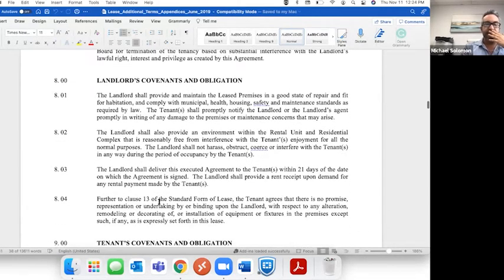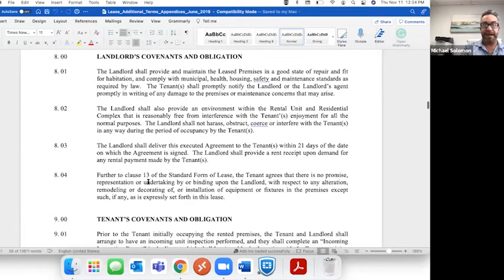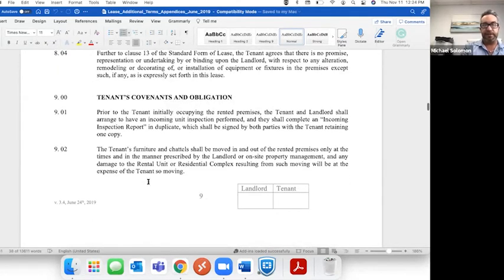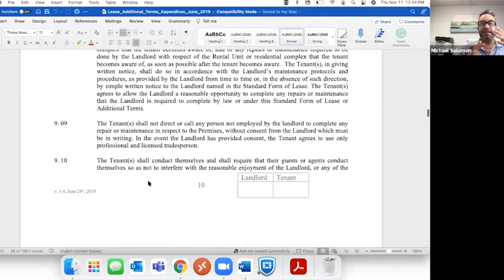The landlord's covenants and obligations, these are all in black because these are standard to the Residential Tenancies Act. So we automatically include all of these. And basically as the landlord, I'm agreeing to provide you with a residential unit. I agree to upkeep, reasonable maintenance and repairs, and to not withdraw any services.